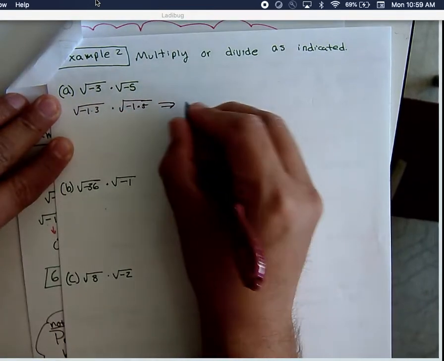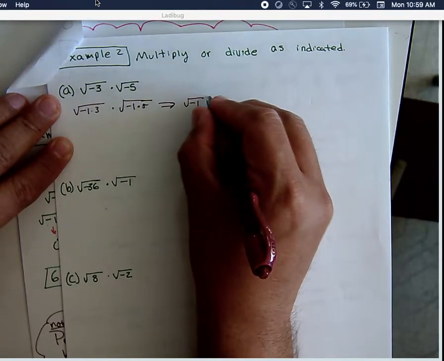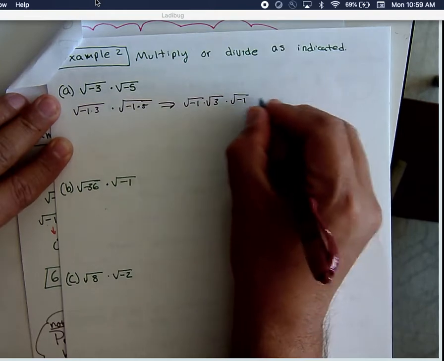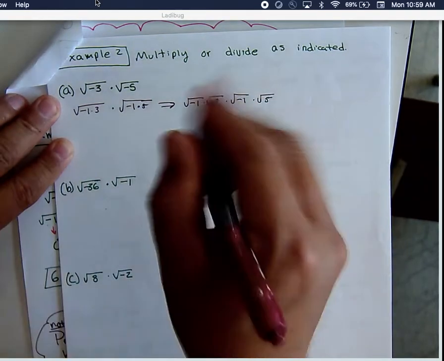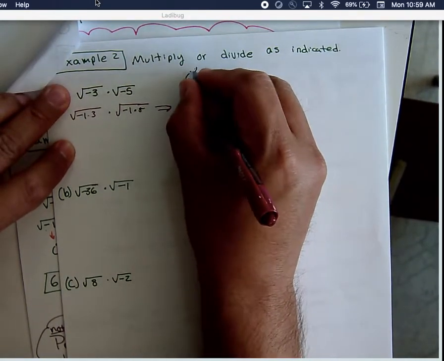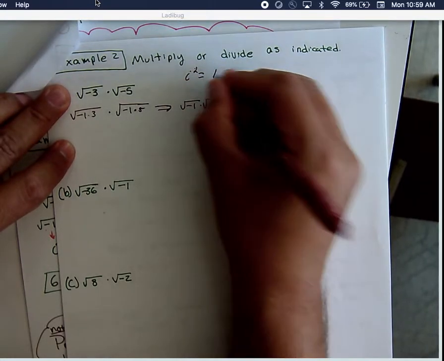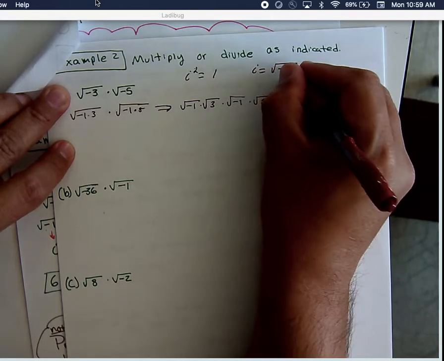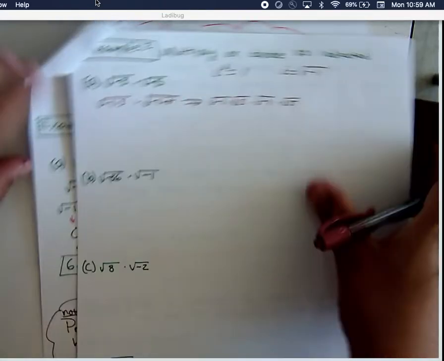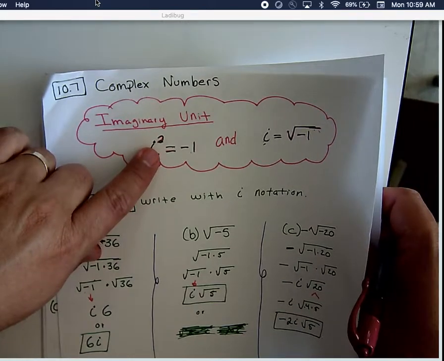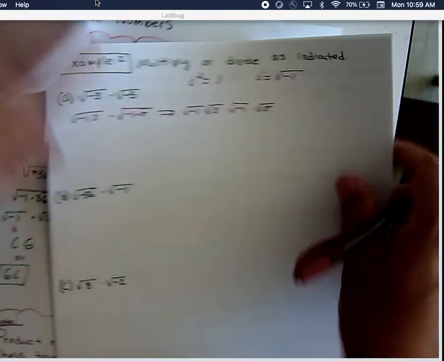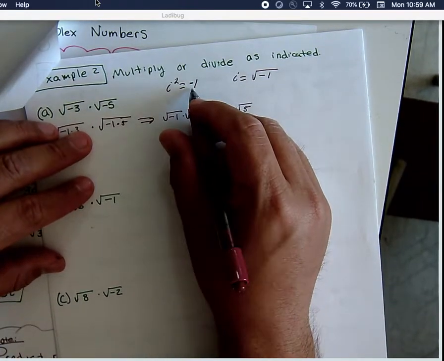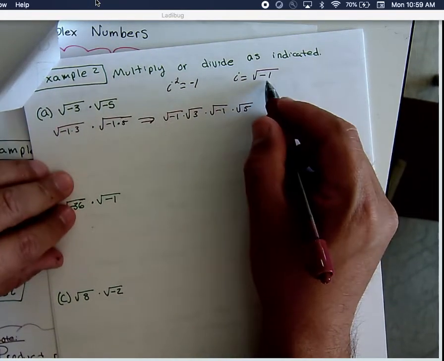So these would be separated like this, times like that. So don't forget that I squared equals negative 1, and I is equal to the square root of negative 1. Right? So the units. I squared is negative 1, sorry guys. I squared is negative 1, and I equals the square root of negative 1.